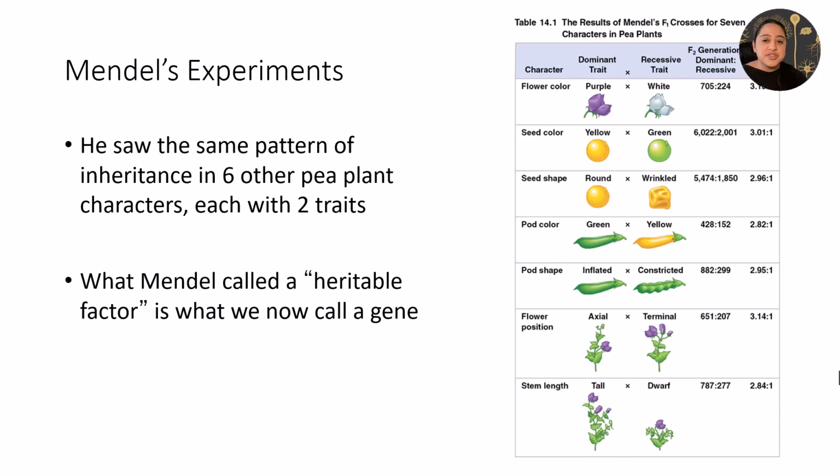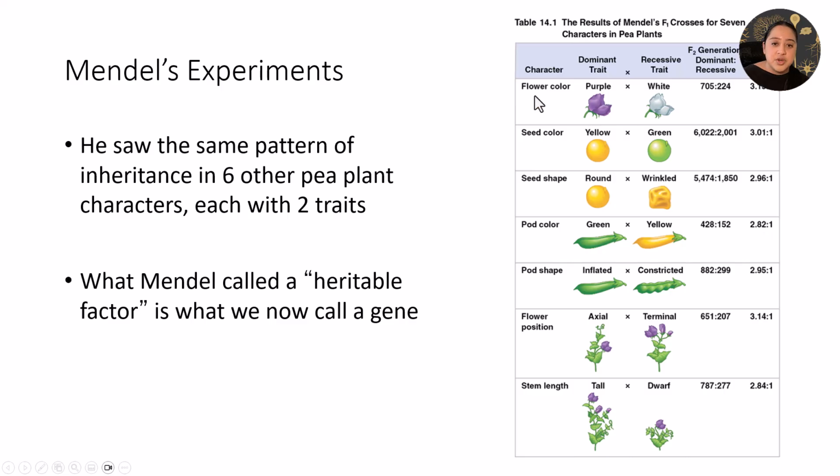So he thought, that's really interesting. Well, let's study other stuff and see if I can see this pattern again. He was a good scientist for being a monk, so he reproduced experiments and tried it with other things too. And so he saw the same pattern of inheritance in 6 other pea plant characters.